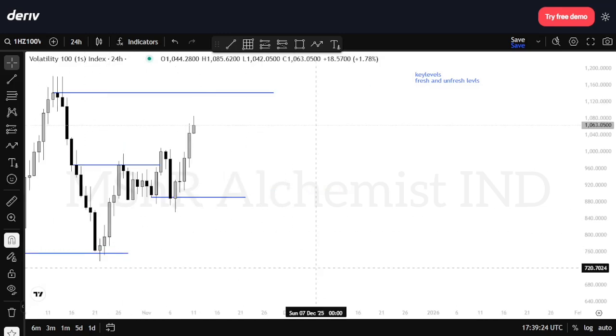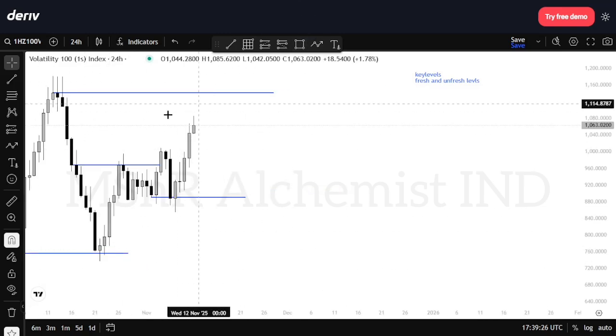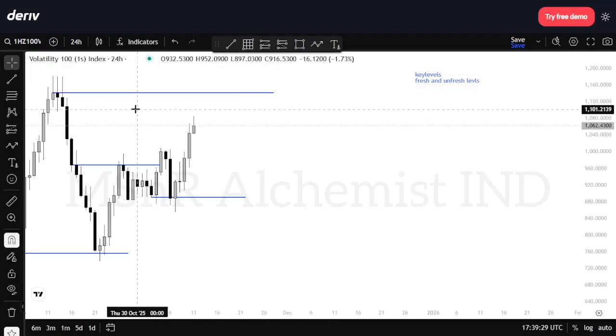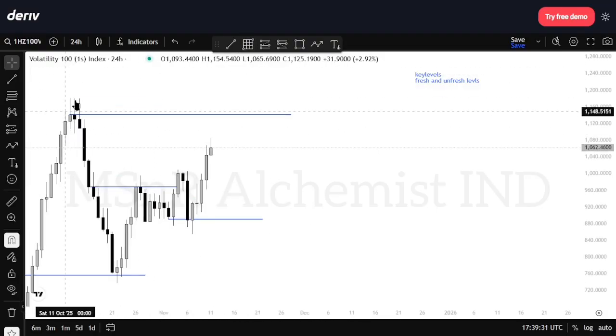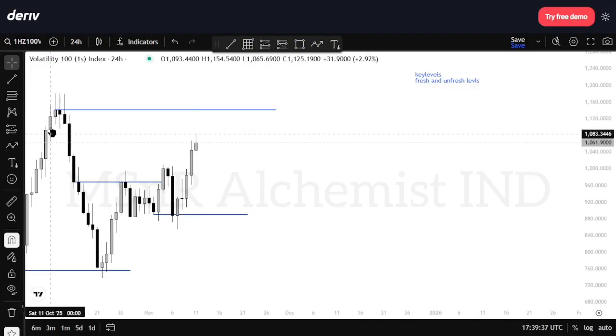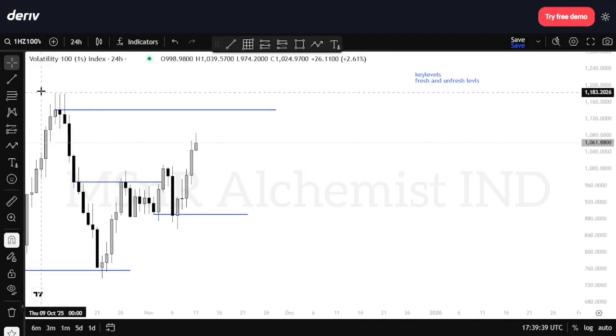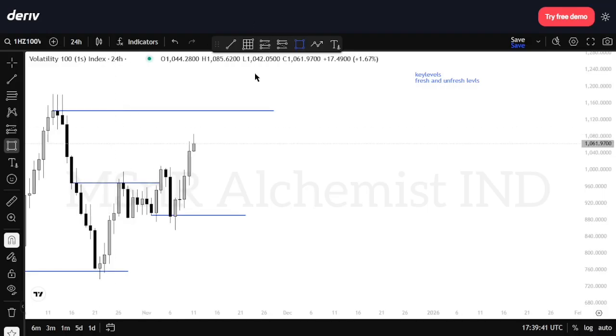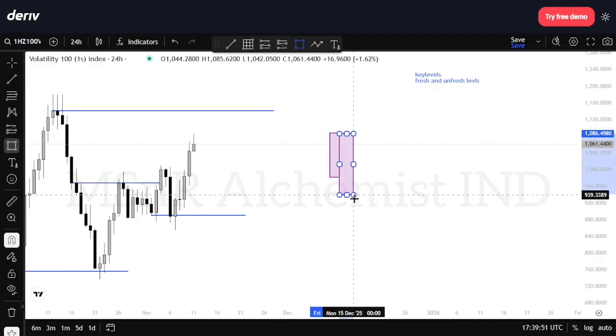For understanding this, you have to understand these sharp points. For resistance, a sharp point should be made with a buy and then a sell candle.